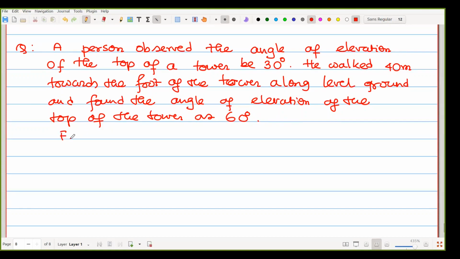We have to find the height of the tower. Now, what is happening here?